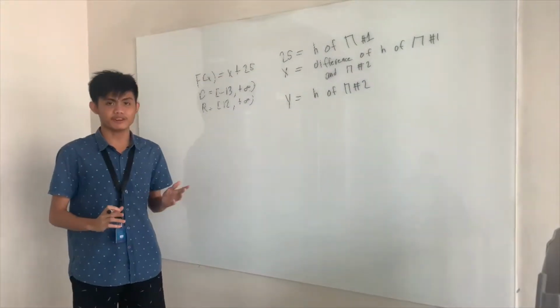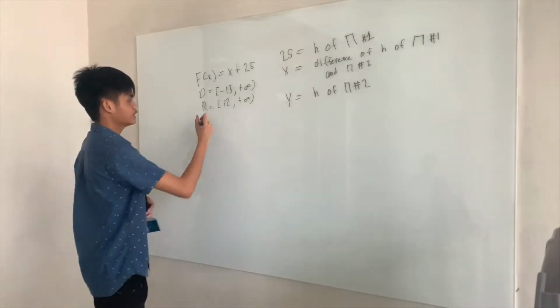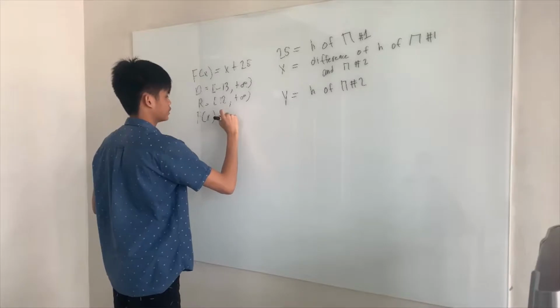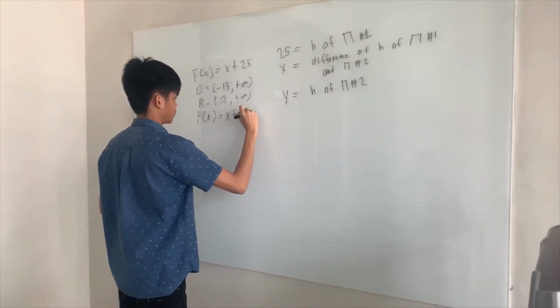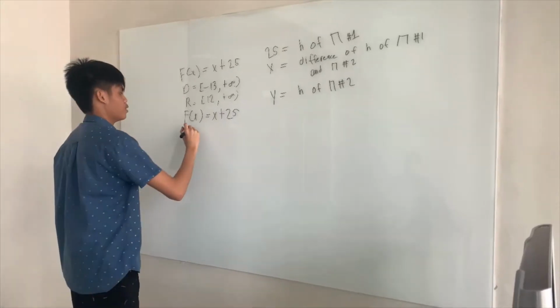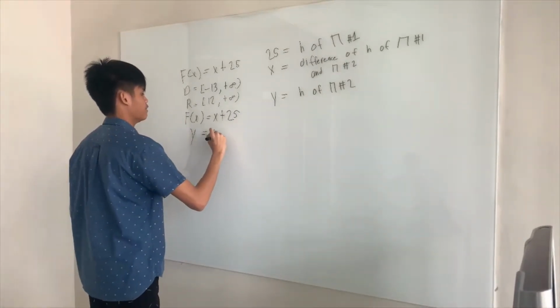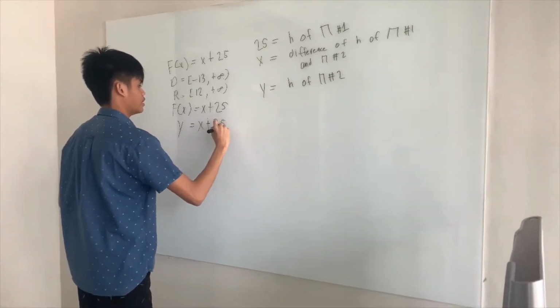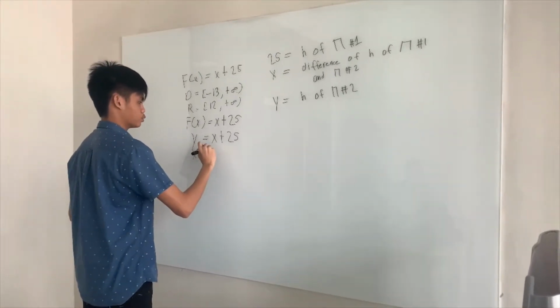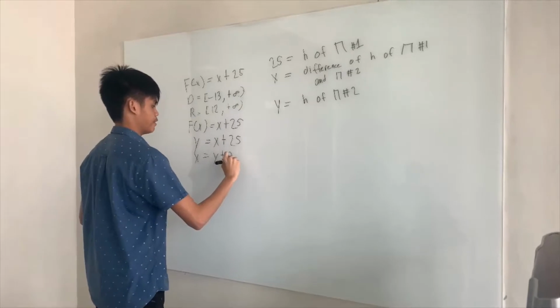Next will be the inverse of this function. First, f of x equals x plus 25. We would first substitute f of x with y equals x plus 25. Then we would change the positions of x and y: x equals y plus 25.